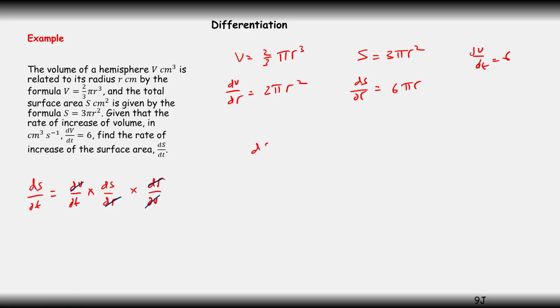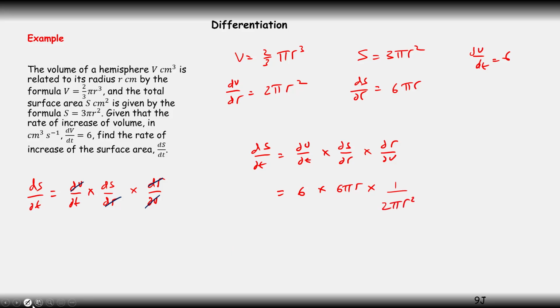So dS by dt is equal to dV by dt times dS by dr times dr by dV. So if I sub what I've got, dV by dt is 6, times dS by dr, 6 pi r, times dr over dV, so that's going to be 1 over 2 pi r squared.